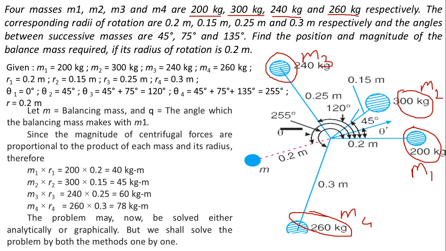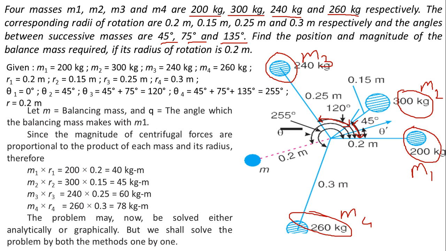Okay, and the angle is also given, that is here 45 degree, 75 degree and 135. So here 45 degree up to first one, then 75 degree, this one. So how you will take from the origin?